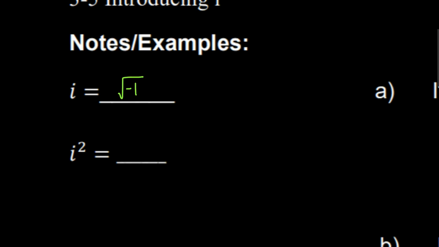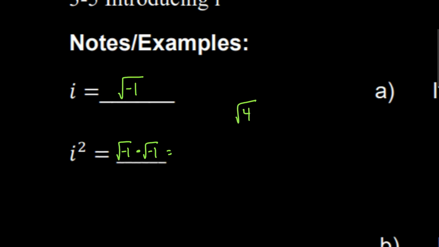So what do you think i squared is going to be? Yep, what is negative 1 squared? So what is the square root of negative 1 times the square root of negative 1? What is that going to be? So let's think of it this way.